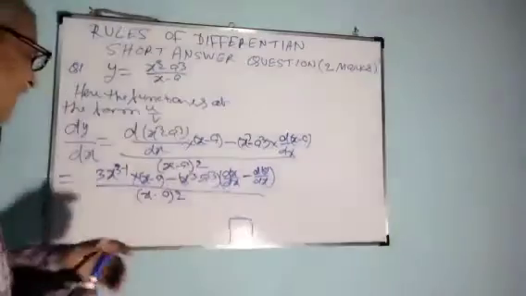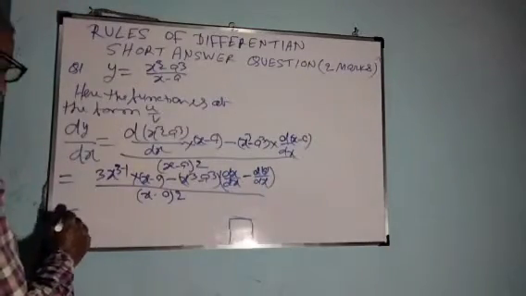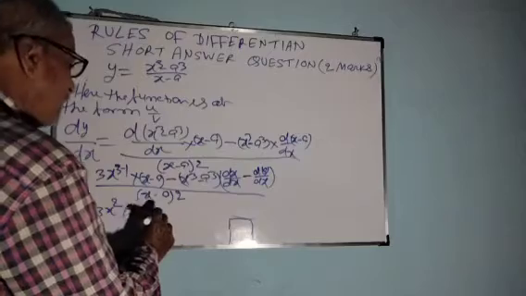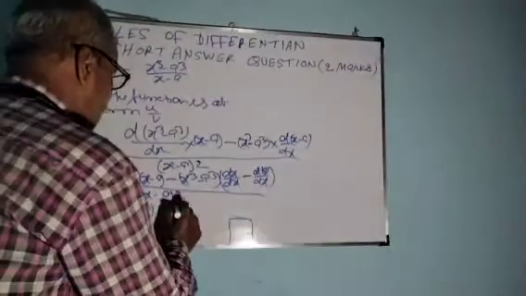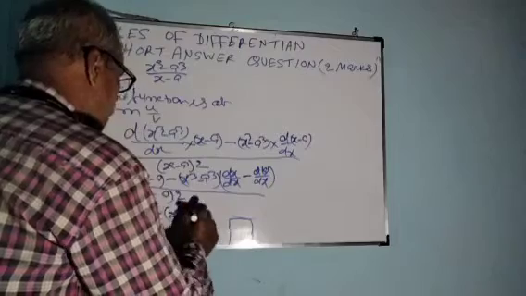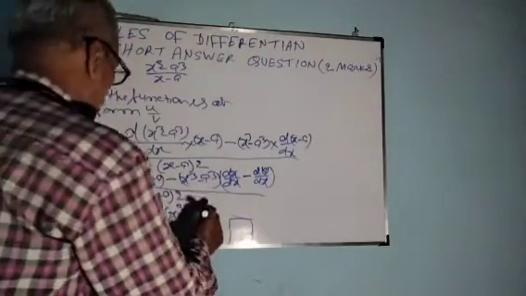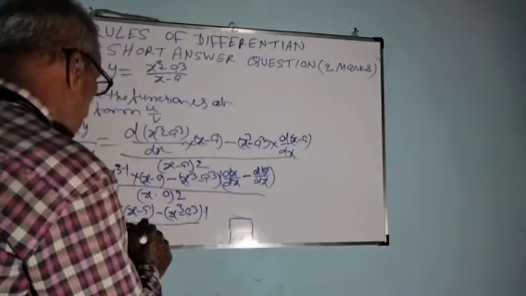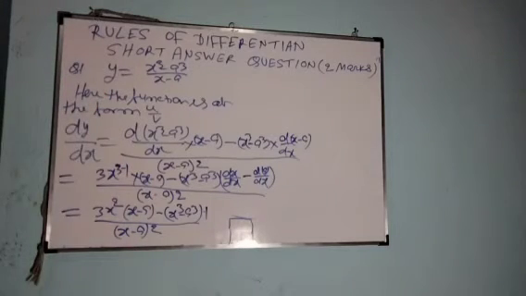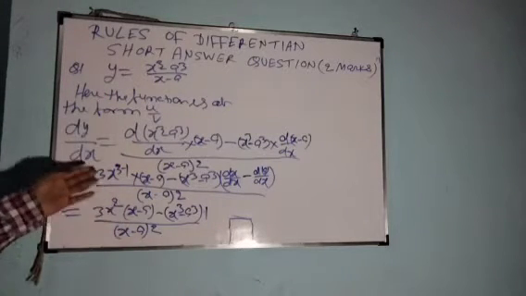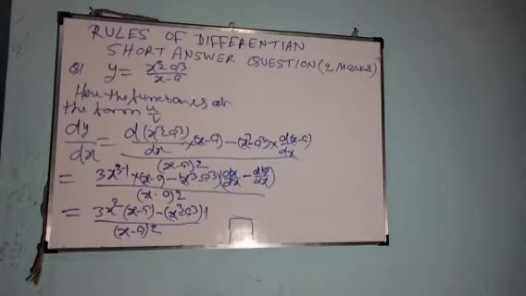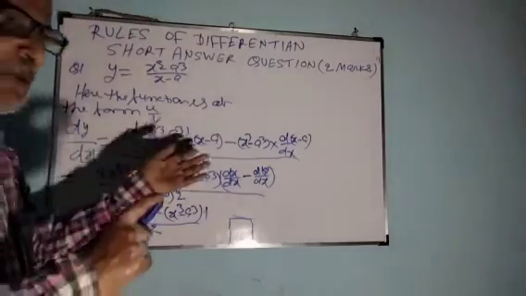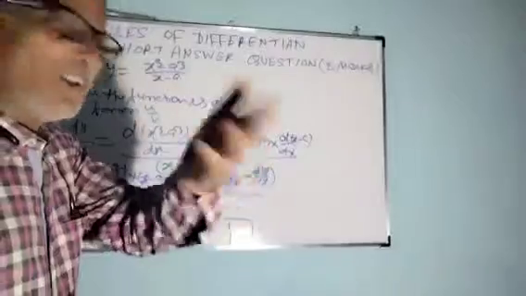You will directly write this is equal to 3x square (x minus a) minus (x cube minus a cube) into 1, by (x minus a) whole square. You directly write this step. This is written only to show the expanded form so that you follow it easily.